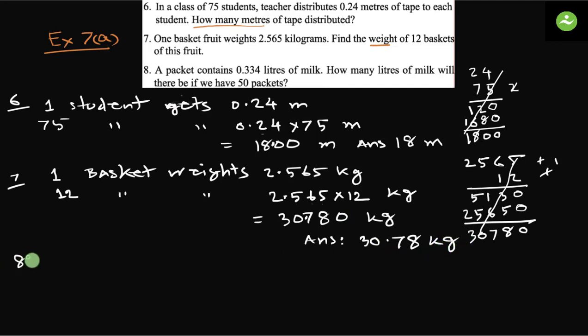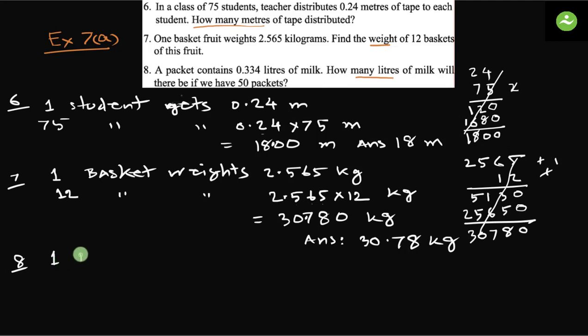Number 8. A packet contains 0.334 liters. How many liters? Again, we have to find the quantity that is with the unit liter. So we put this quantity on the right and the packet on the left.